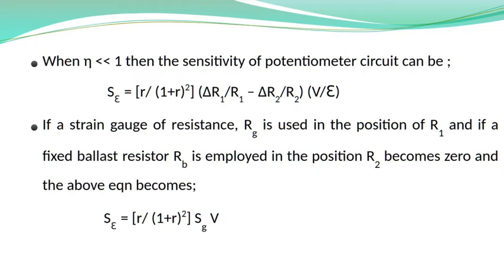In case R1 resistance is replaced by the strain gauge resistance Rg and a fixed ballast resistor Rb is used in place of R2, and if the term Rb becomes 0, then the above equation becomes S epsilon is equal to r by (1 plus r) the whole square into Sg into V, where Sg is the gauge factor and it is equal to delta Rg by Rg.